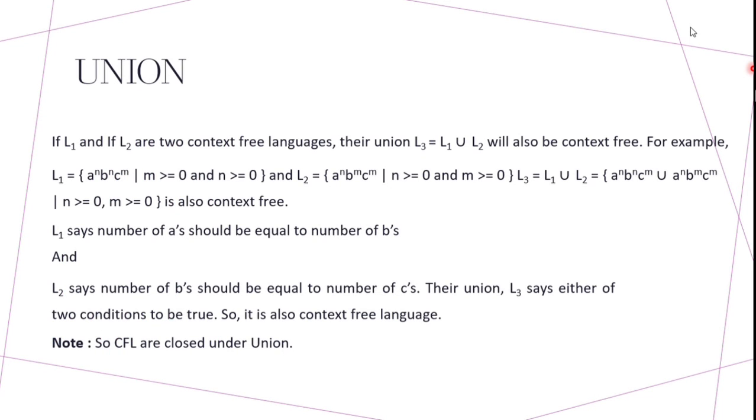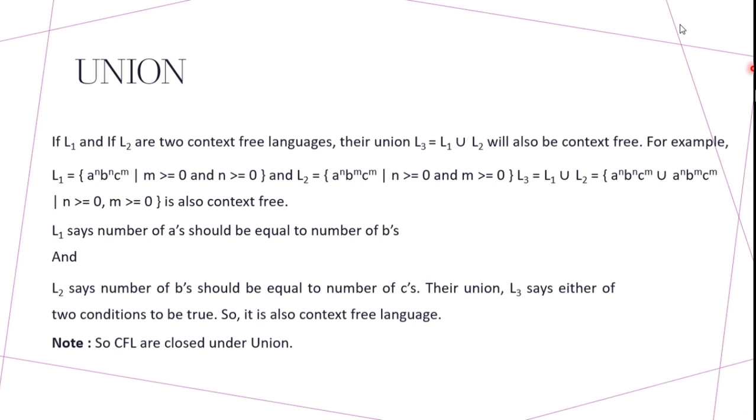Now, the first property we have is the union property. If L1 and L2 are two context-free languages, their union L3, L1 union L2, will also be a context-free language. For example, L1 equal to a raised to power n, b raised to power n, c raised to power m, where m is greater than or equal to 0, n greater than or equal to 0, and L2 equal to a raised to power n, b raised to power m, c raised to power m, where n greater than or equal to 0, m greater than or equal to 0.